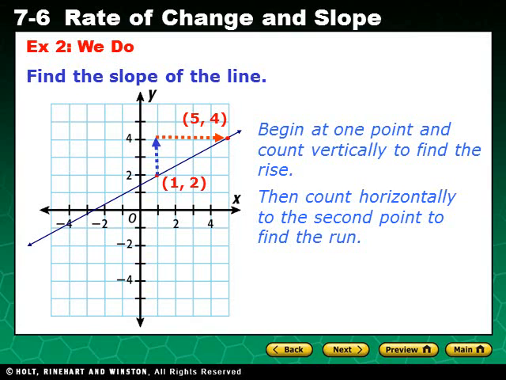So we went up 1, 2 and we went right 1, 2, 3, 4 spaces. The slope is going to be a rise of 2 and a run of 4. That gives us 1/2. The slope of this line is 1/2.